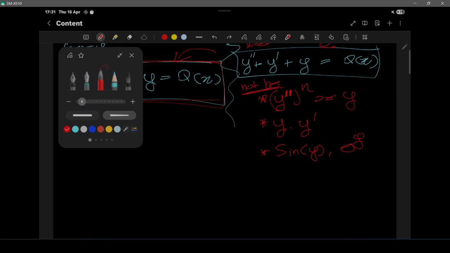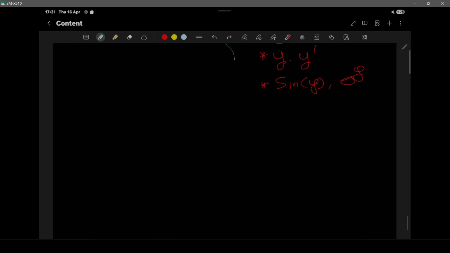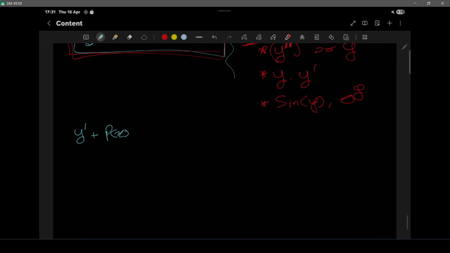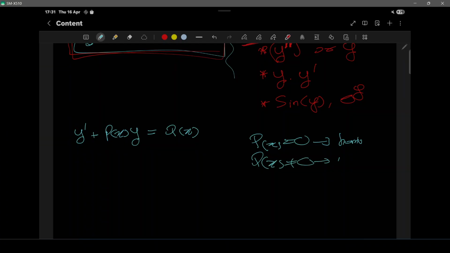Now let's solve the equation. What we have is y dash plus p x y is equal to q x. There is another point here. If this q x is equal to 0, we call it homogeneous, and if q x is not equal to 0, we say it is non-homogeneous.